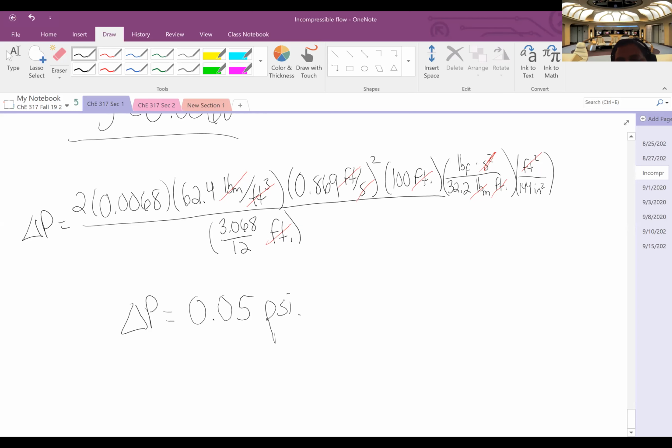Feel free to double check my calculation. So from that 100 feet of flow pipe, we lose about 0.05 PSI.